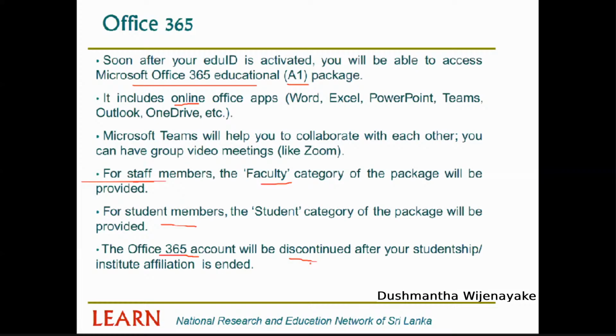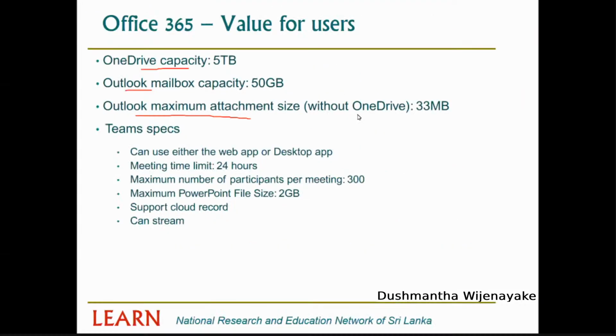And the Outlook mailbox will be 50 gigabytes. And the Outlook maximum attachment size, without uploading the file into OneDrive, is 33 megabytes. In Gmail, you know, it's 25 megabytes without Google Drive. So here it has a somewhat higher value.